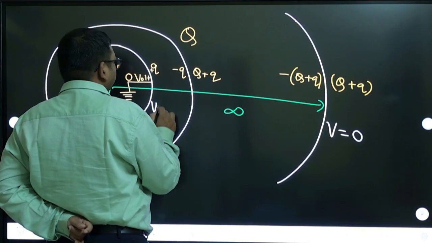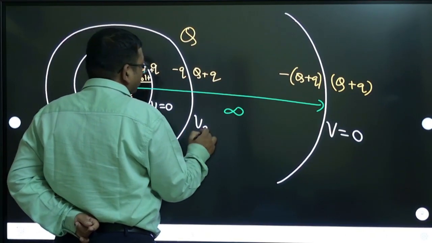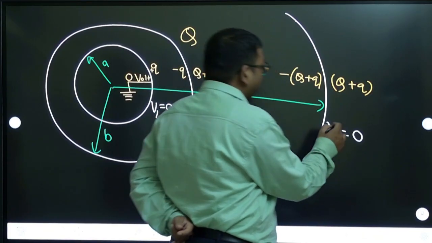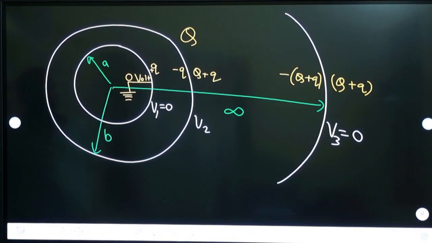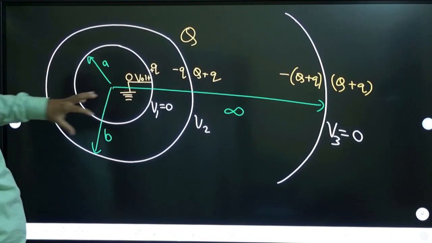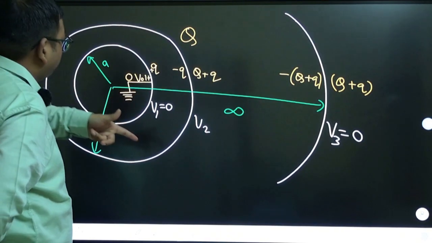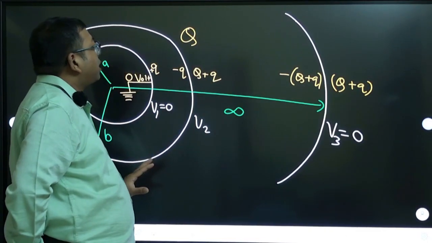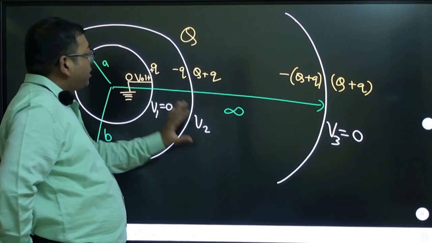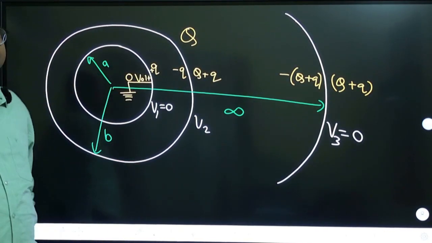Let us write this is V1 which is 0, V2 which is not 0, but V3 is 0, like this. How to calculate the capacitance of this system? We'll keep this question right now. We'll see the solution afterwards, but I hope you have understood this diagram. Yes.